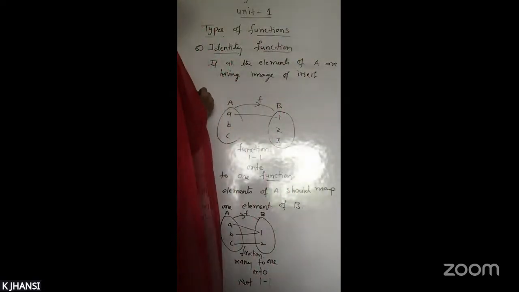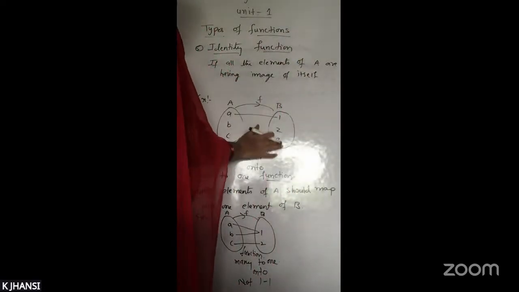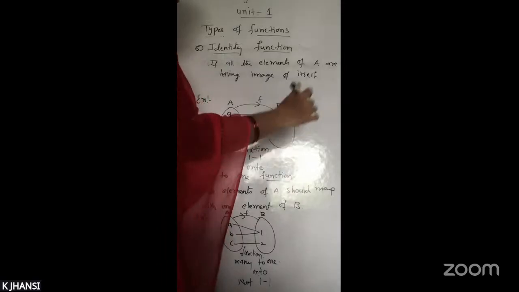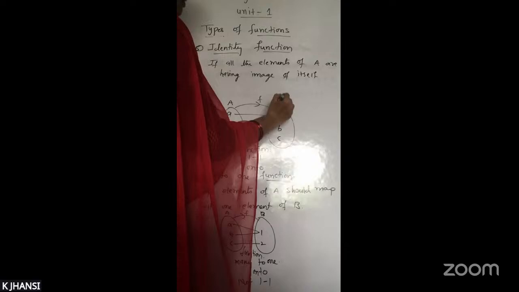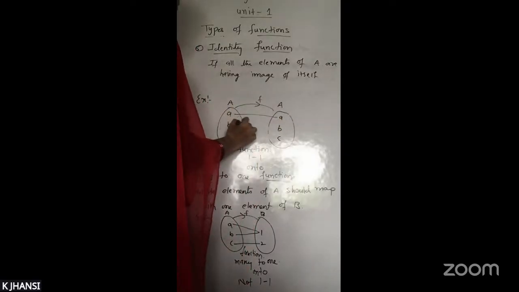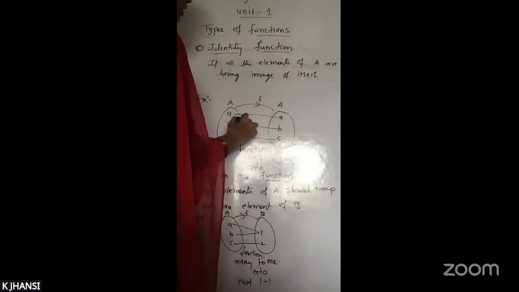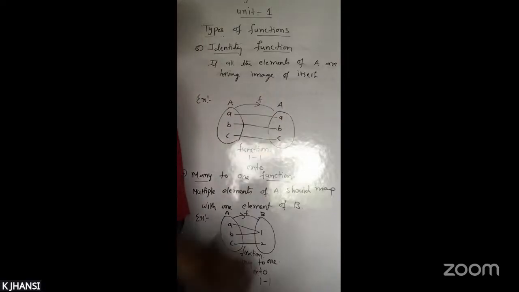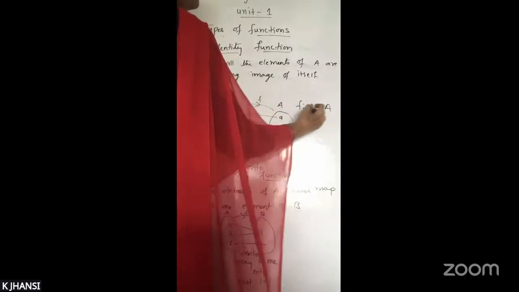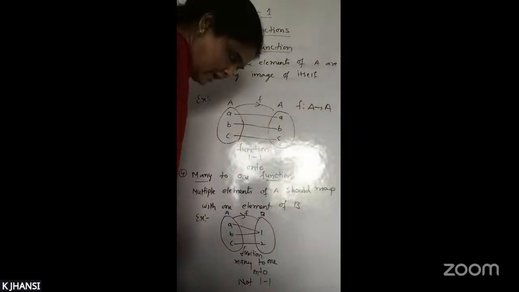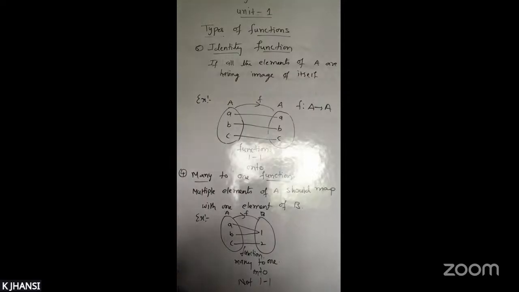Image of itself means whatever the elements are there here, the same elements we have in set B, then we call it an identity function like this. Okay. So that is F mapping from A to A. This is the indication and definition of identity function. So if all the elements of A have an image of itself, then we call it an identity function.